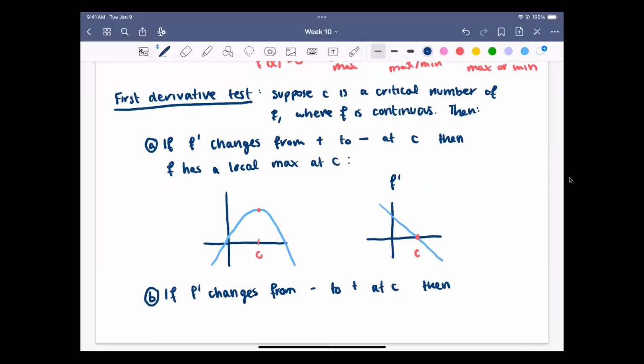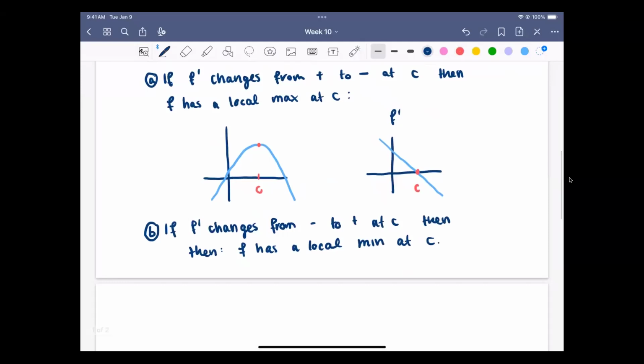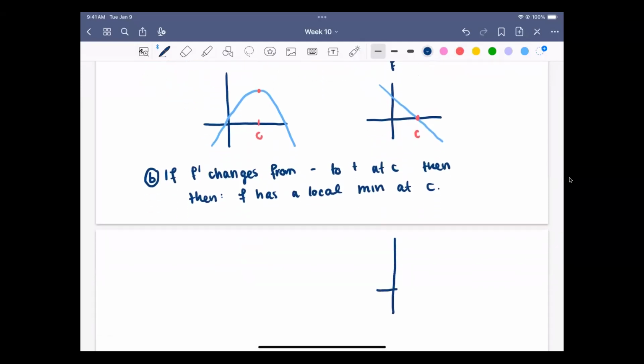You're going to have a local minimum at C. I'll draw a picture again. If our f prime has to change from negative to positive at C, something like that, then our f could look something like this.